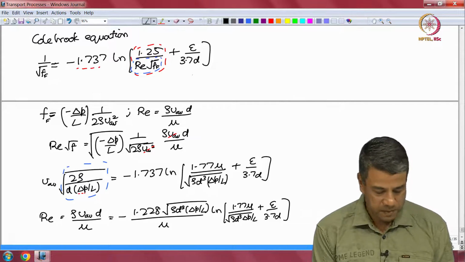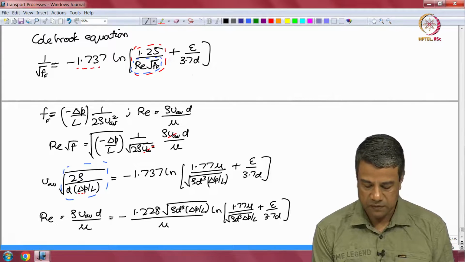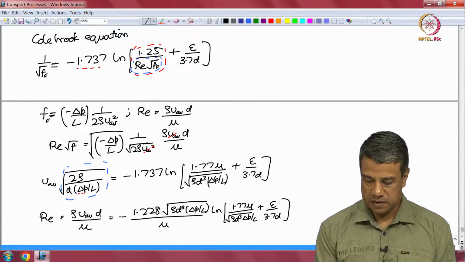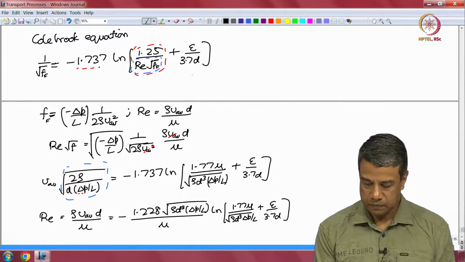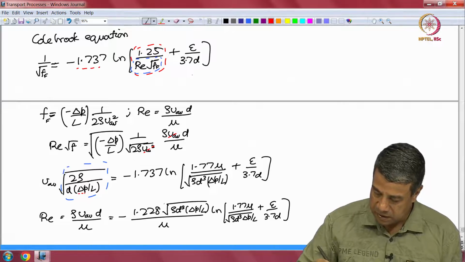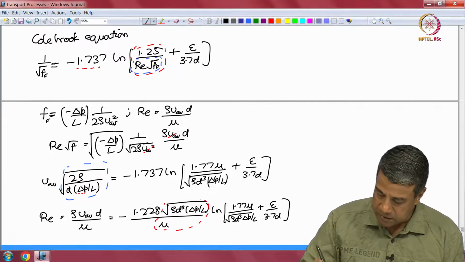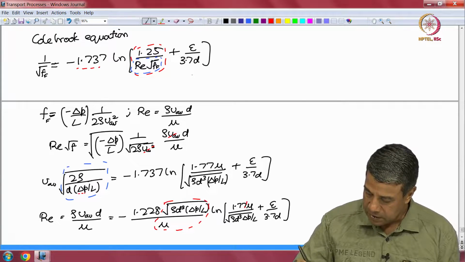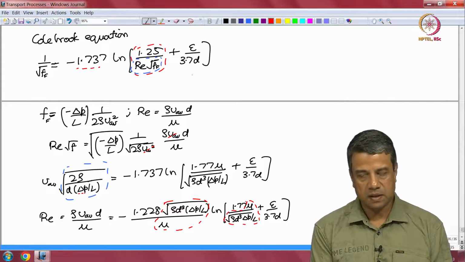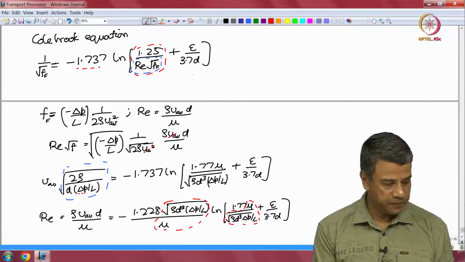So, this is the explicit expression for the average velocity and for the Reynolds number as a function of the pressure difference. And you can easily verify that these factors are actually dimensionless.